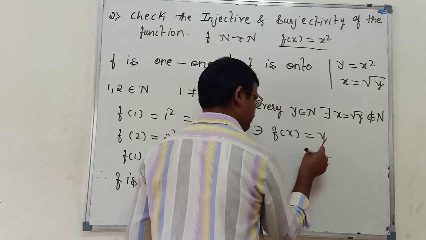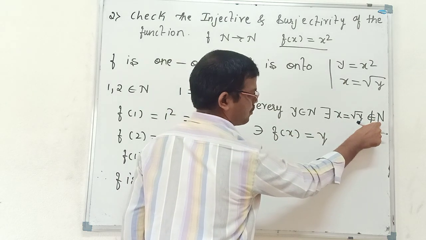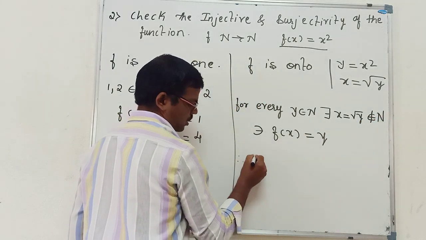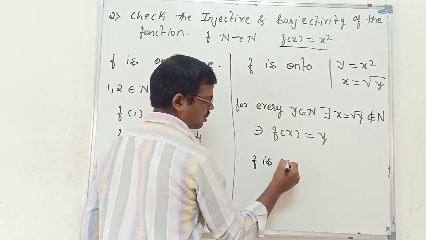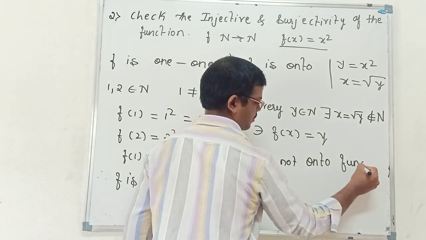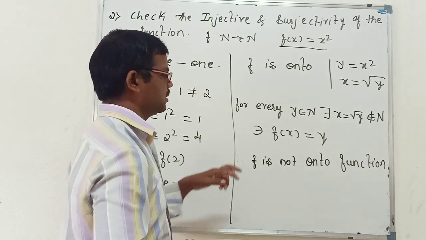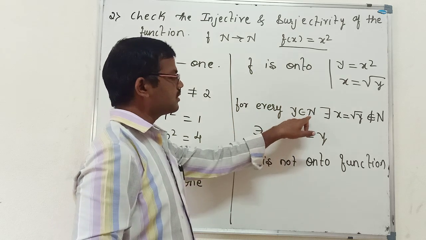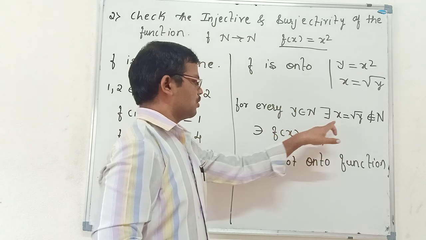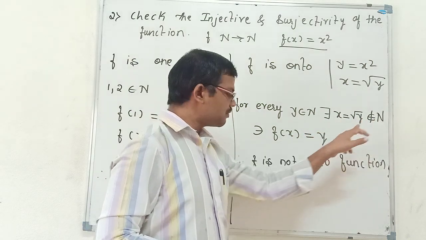So for y we have an x which is a pre-image, but that pre-image is not there in N. For every element of the codomain, there must exist an element x, a pre-image, and that element should be there in the domain, then it becomes onto.